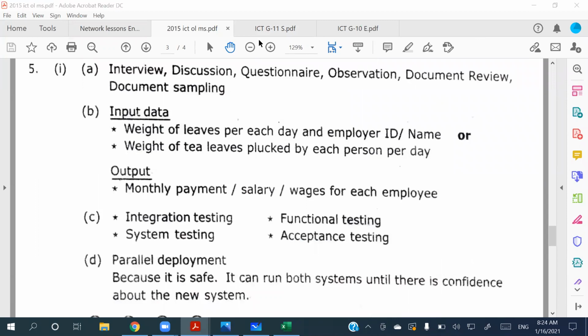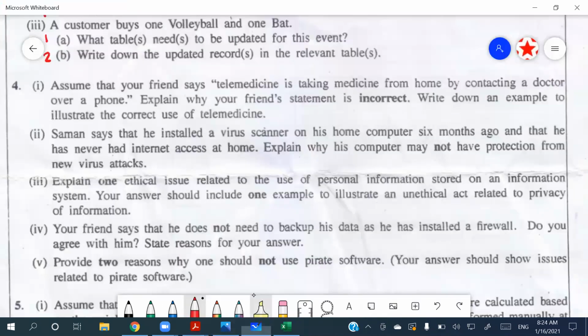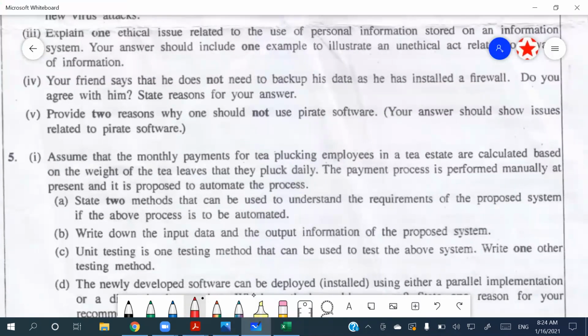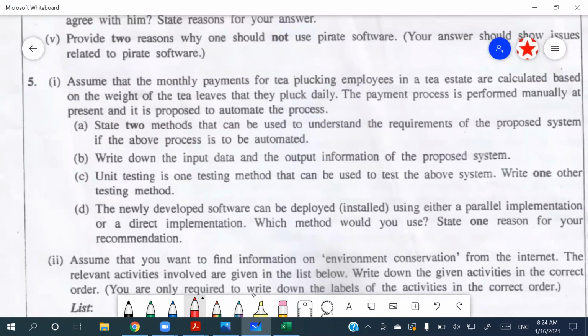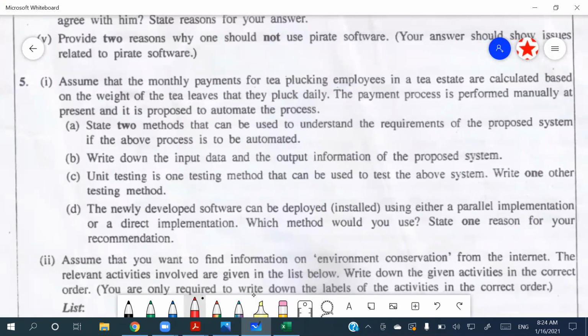Okay, the fifth one. In the fifth one, they are talking about the system development life cycle, right? It says, assume that the monthly payment for tea plucking employees in a tea estate is calculated based on the weight of the tea leaves that they pluck daily.